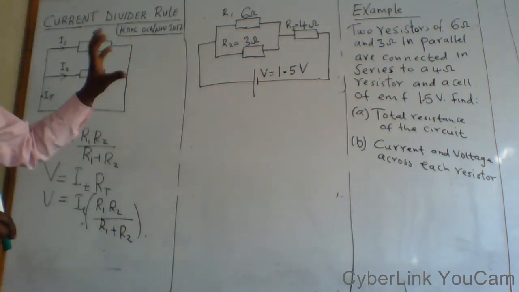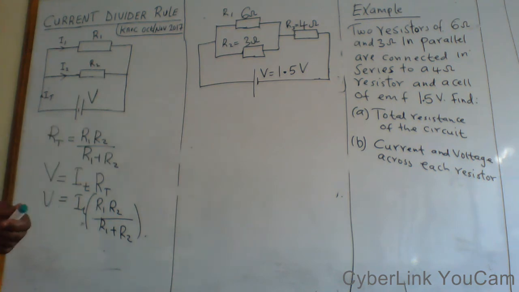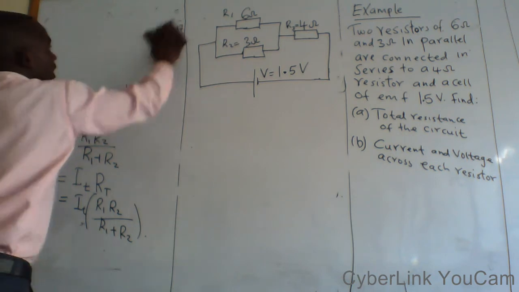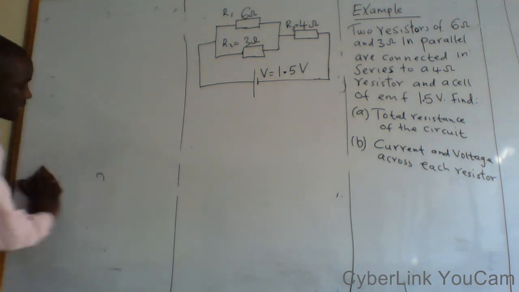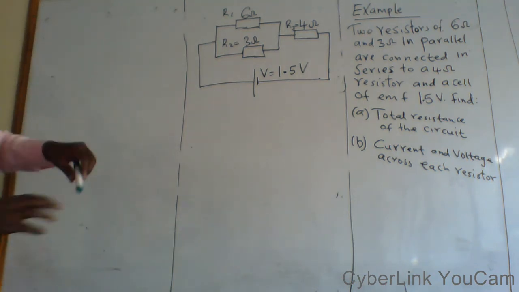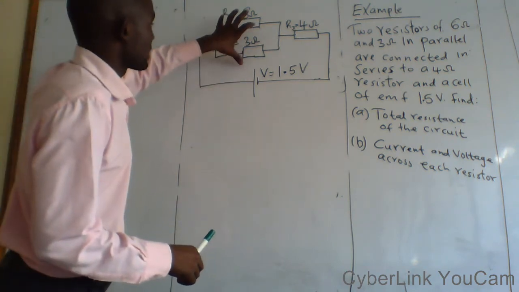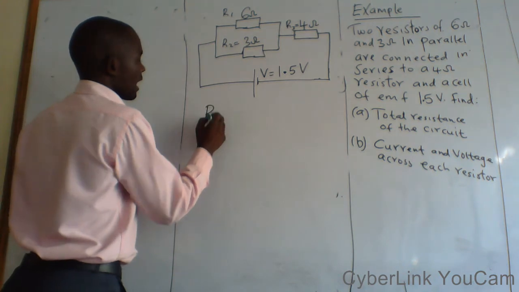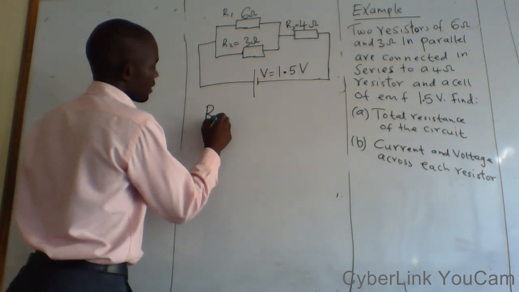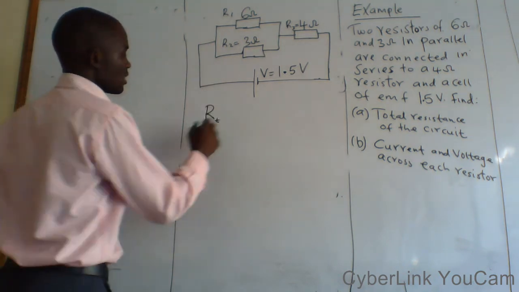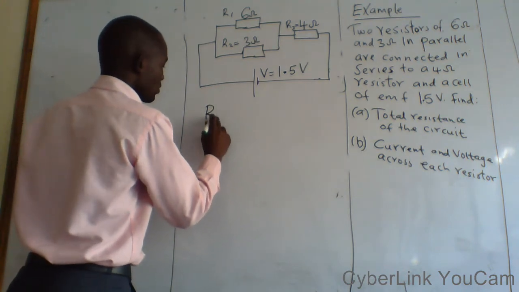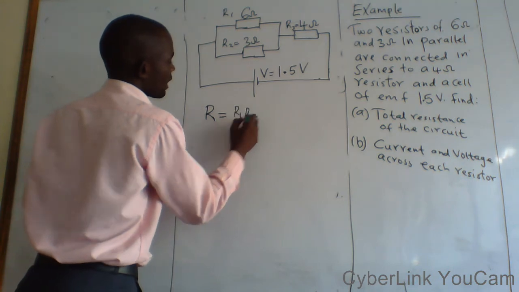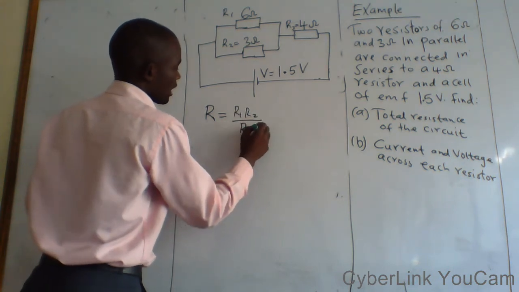The best way to solve that question is by simplifying the circuit, whereby you start by reducing this part. The two resistors are connected in parallel, so let us call it R, which will be equal to R1 R2 over R1 plus R2.